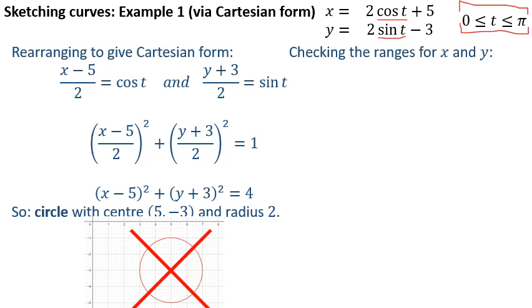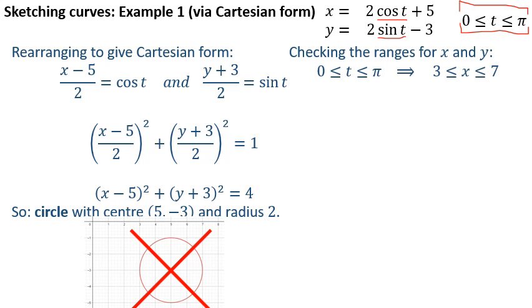So the first thing we need to check is that the ranges match what we think we've got already, and it might be that we can only draw a part of the circle after all.